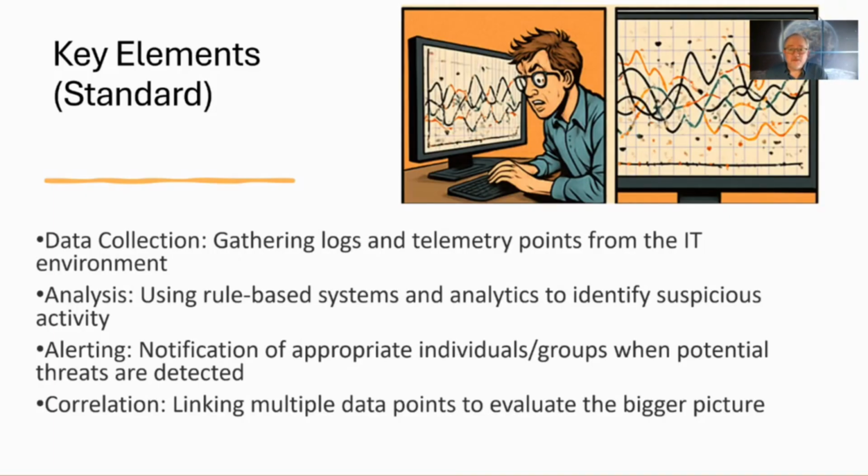Then we need to have analysis of that data using rule-based systems and analytics to identify suspicious activity. These are rules and policies that we put into place ourselves in these different systems. Alerting, another key element, is to notify appropriate individuals and groups when potential threats are detected. Without this, you have to have someone sitting 24/7 looking at nothing but a screen of spanning data.